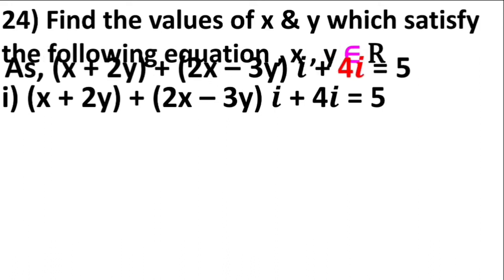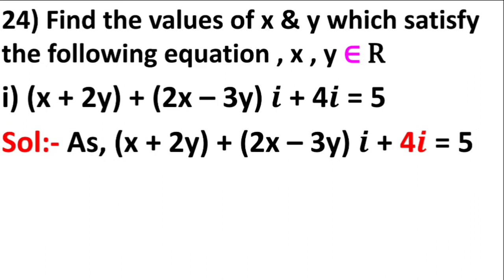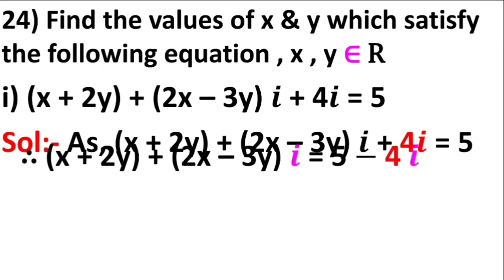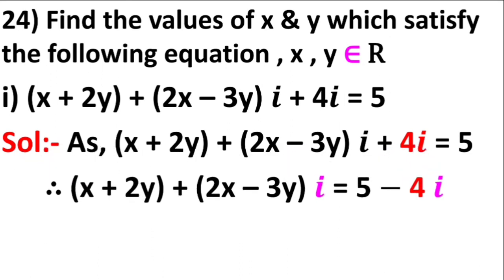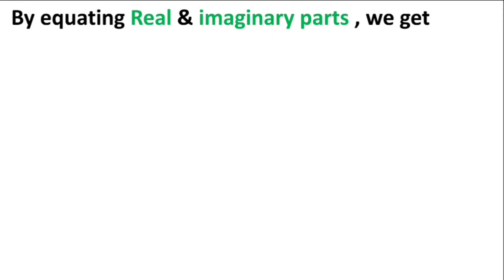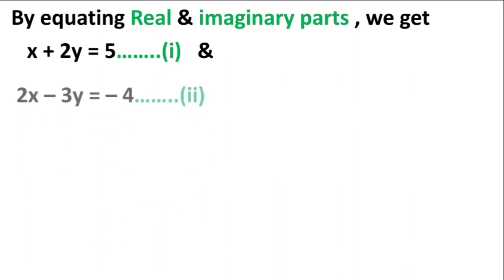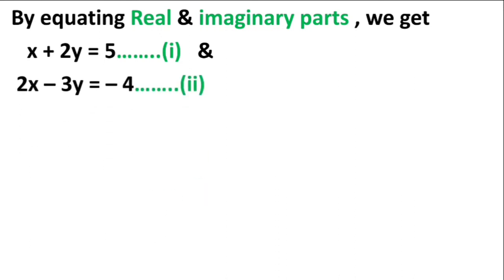So it is given in the complex equation, this 4i transfers to the RHS side, it becomes (x plus 2y) plus in the second bracket (2x minus 3y) complete into i is equal to 5 minus 4i. So by equality of two complex numbers, or equating real parts and imaginary parts, we get x plus 2y is equal to 5. Suppose this is equation number 1, and second is 2x minus 3y is equal to minus 4. This is equation number 2.